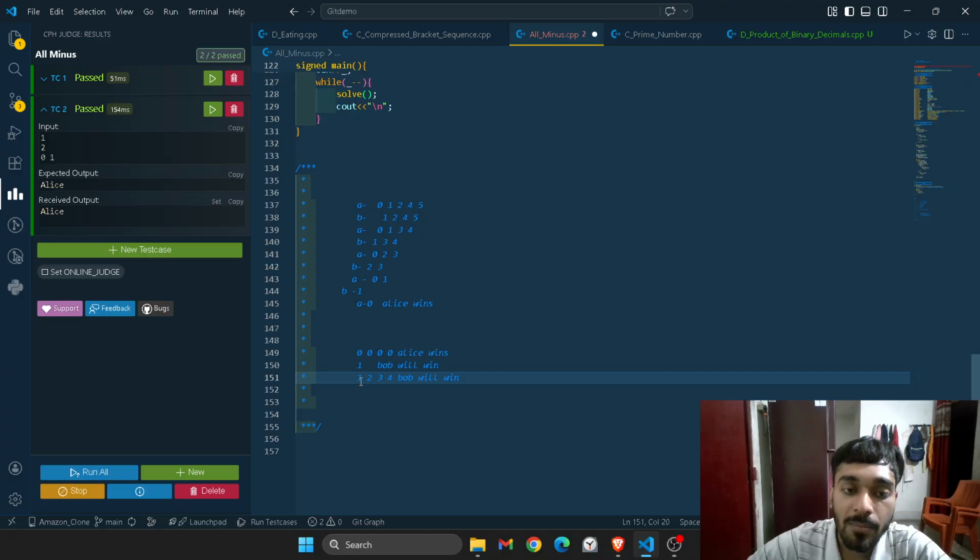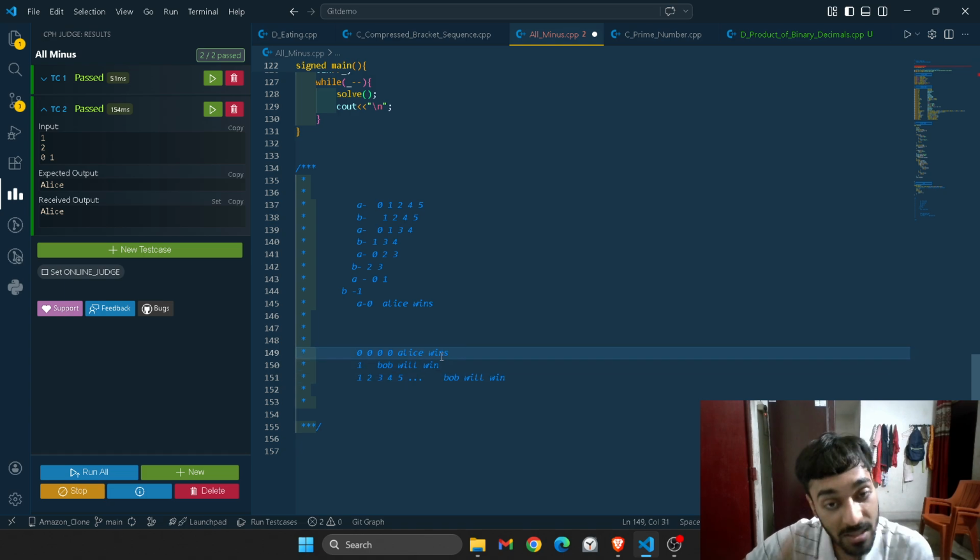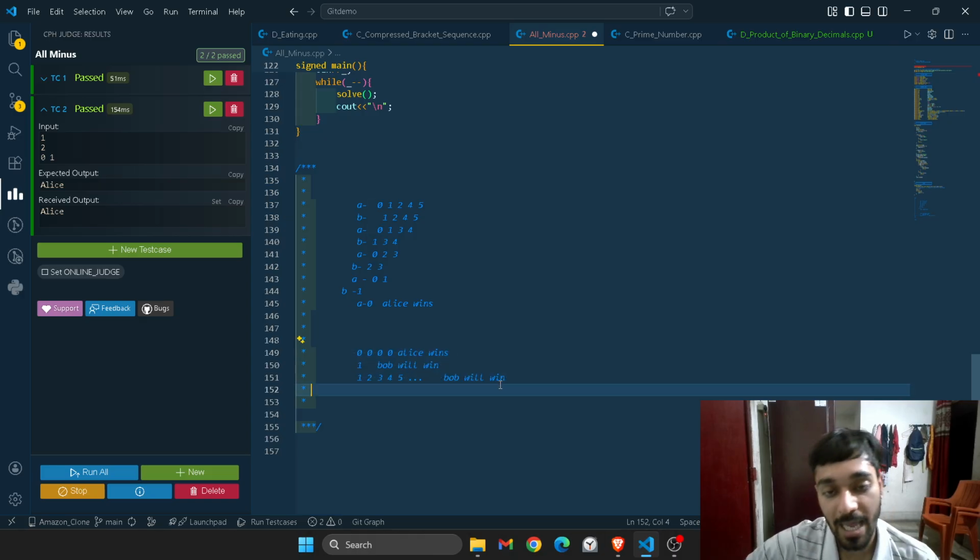Then Alice will again make it 0, 1, 2 and 3. Then again Bob will remove that 0. And at last, 1 will be left, and when 1 is left, Alice will make it 0 and Bob will remove it, so Bob will win. So these kinds of arrays are obviously Bob wins. These were the first three observations that I made.